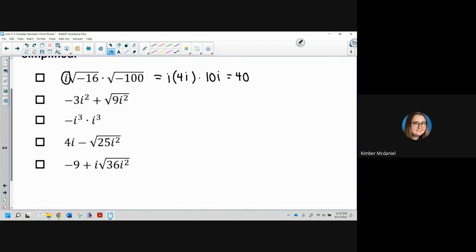We're going to count up how many i's we have. So we have 1, 2, 3. So i cubed. And we said i cubed, Gene, is equal to what? You can look in your notes, but what is i to the third power equal to? Look in your notes. We wrote it in a little cloud.